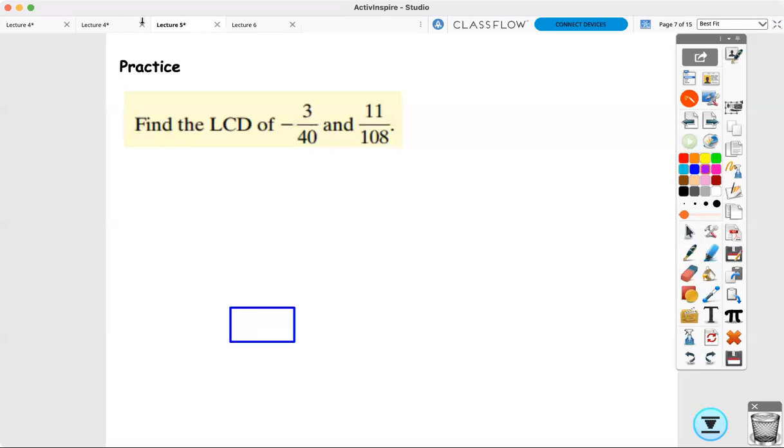Did anyone get something different? 216 is not correct. Can you go over this one? Sure thing. Just trying to see if anyone else got something different.